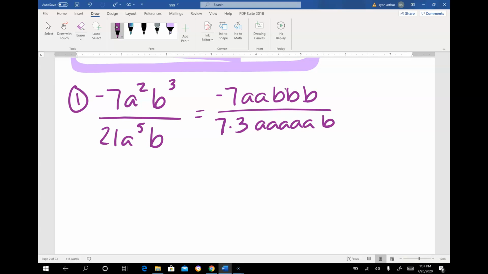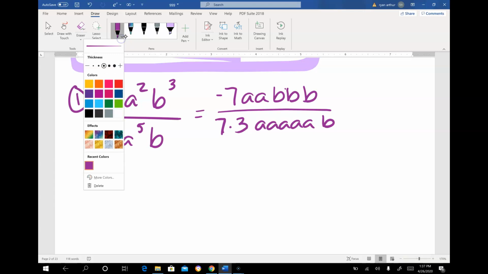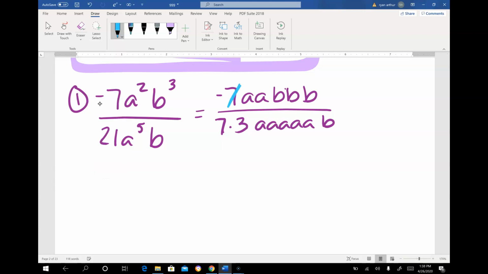All right. Now, to factor completely, you cancel out any common terms that are on top and on bottom. Well, I have a 7 on top and a 7 on bottom. Now, did I cancel that negative out? No, I didn't. So that negative is still there. Now, if you had had a negative 7 on the denominator, then you could have canceled that negative out.